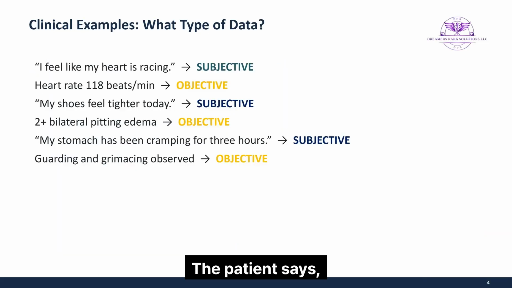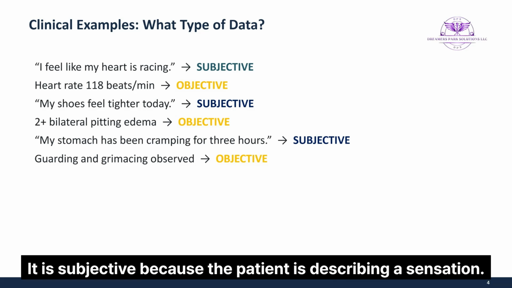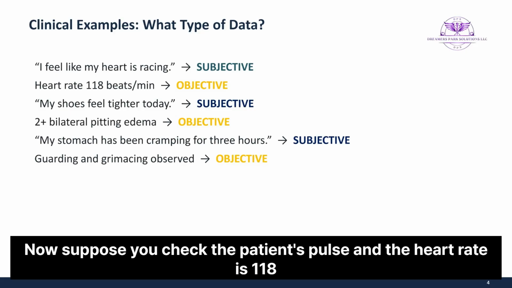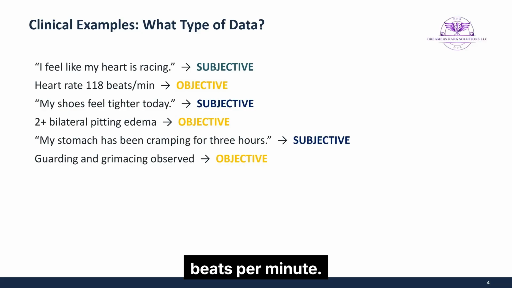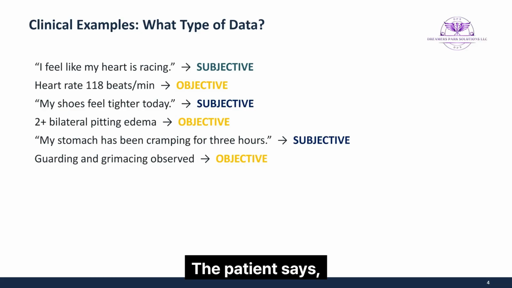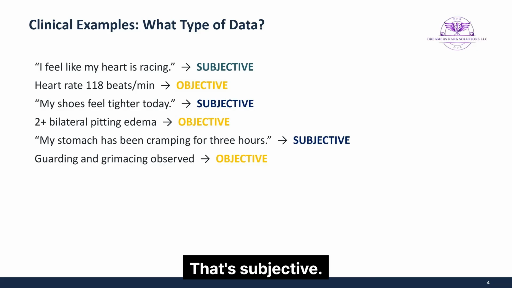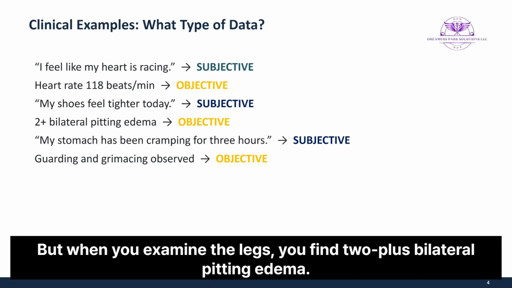Let's practice. The patient says, "I feel like my heart is racing." Is this subjective or objective? It is subjective because the patient is describing a sensation. Now suppose you check the patient's pulse and the heart rate is 118 beats per minute. That is objective because you measured it. Here's another example. The patient says, "My shoes feel tighter today." That's subjective. But when you examine the legs, you find 2+ bilateral pitting edema.